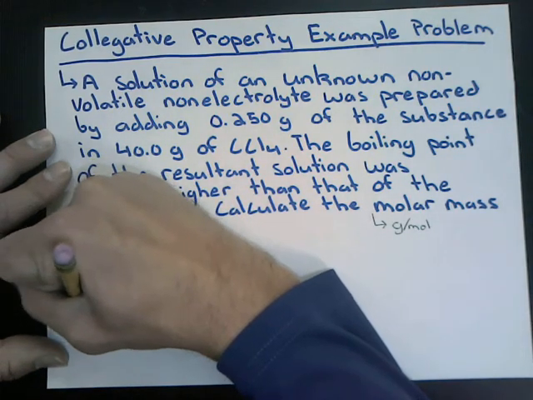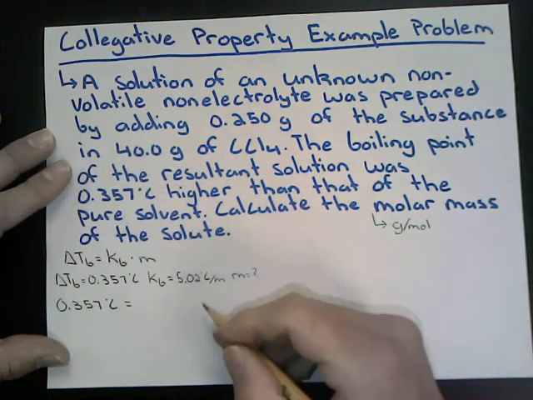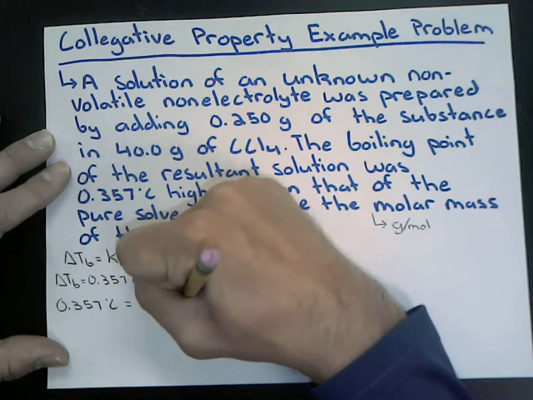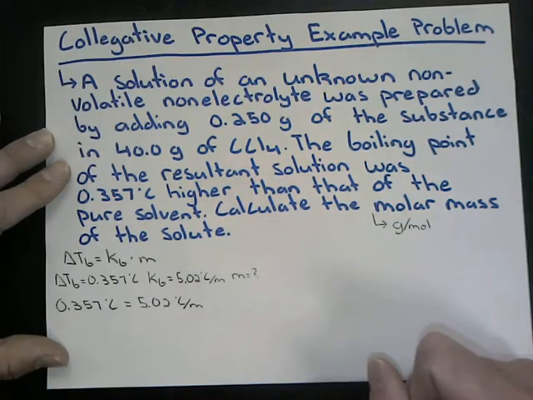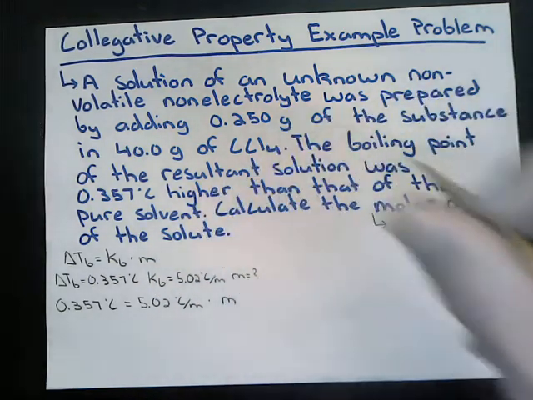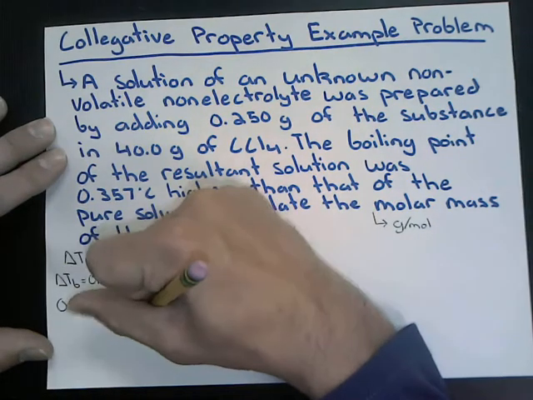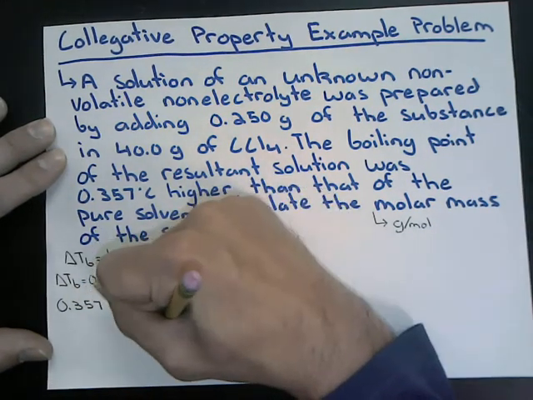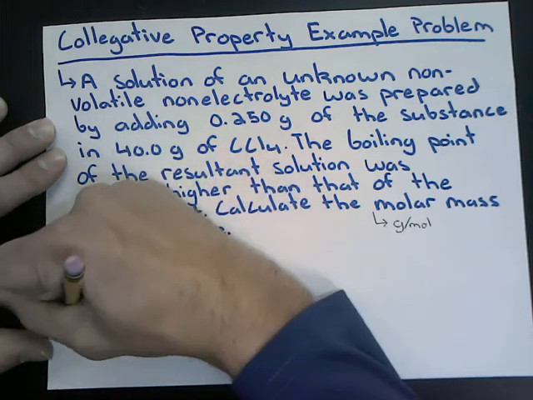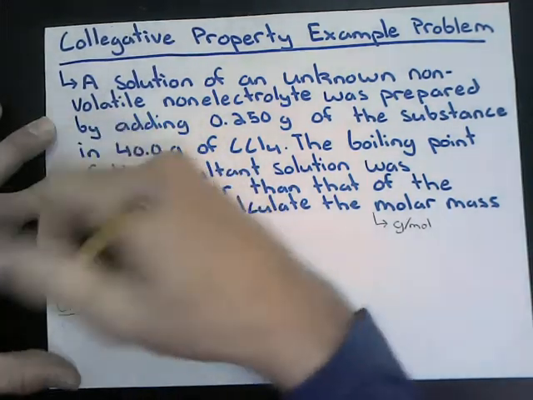You would end up with 0.357 degrees Celsius equals our KB, which is 5.02 degrees Celsius per molal, times our question mark, our molality. And to solve for M, we just divide each side by 5.02 degrees Celsius per molal.